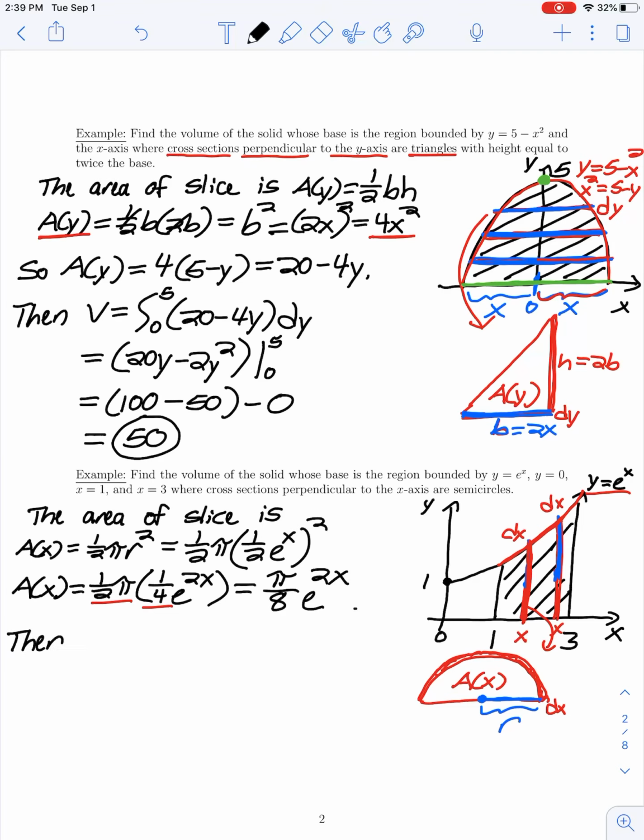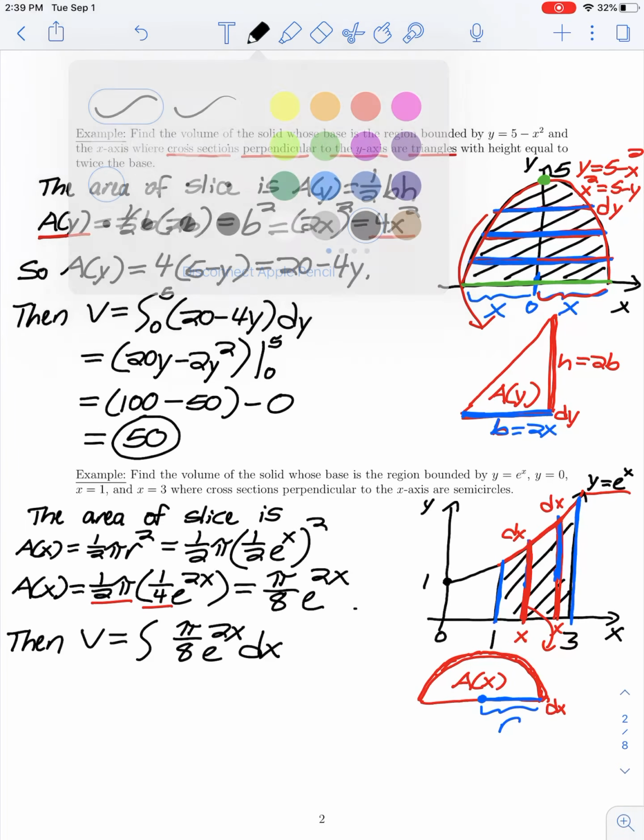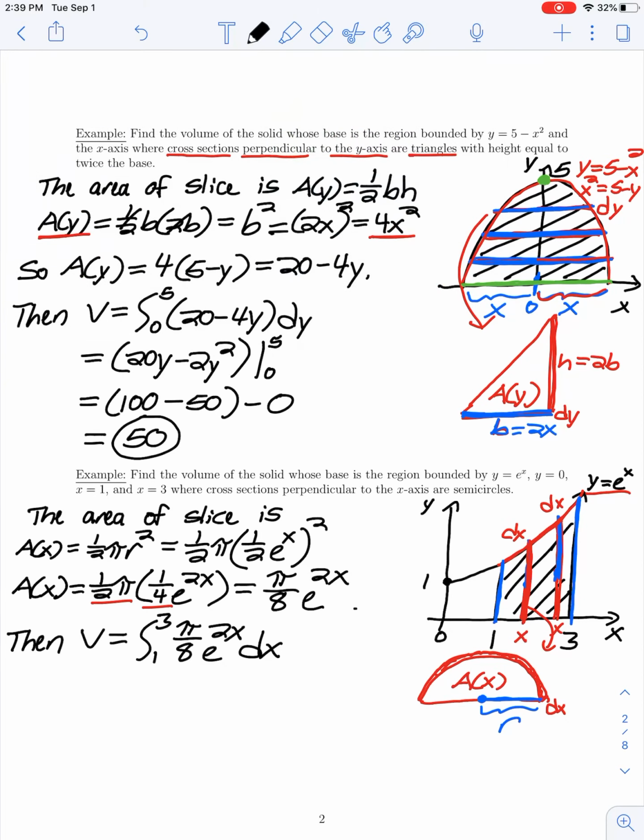So to get the volume, V, of my solid, the method of slicing says I'm supposed to integrate this area function, which was pi over 8 e to the 2x dx, over whatever x interval specifies my solid. And we saw here that the base of our solid went from x equals 1 up to x equals 3. So we're going to be integrating from 1 to 3.